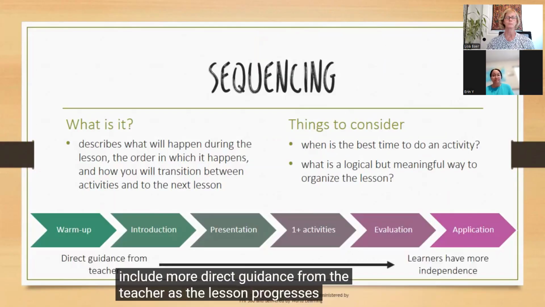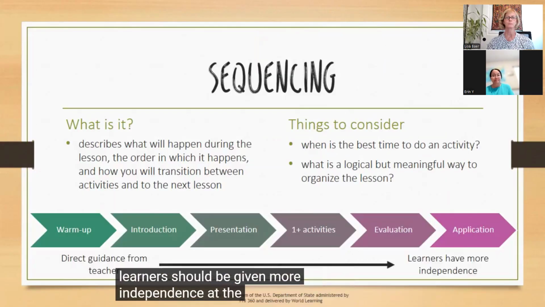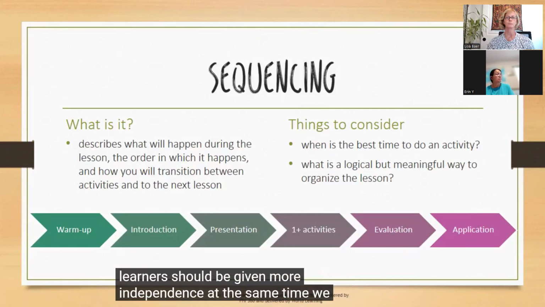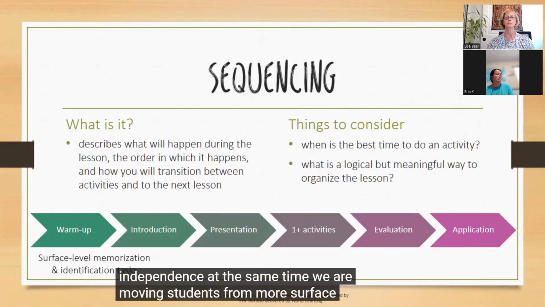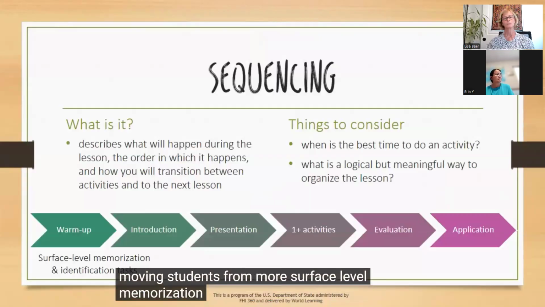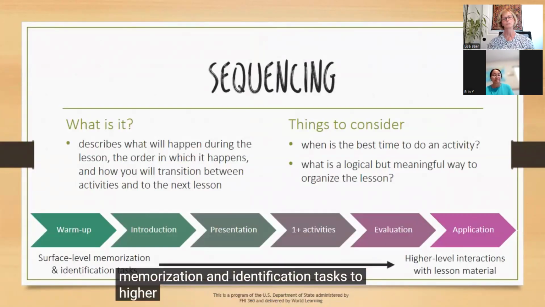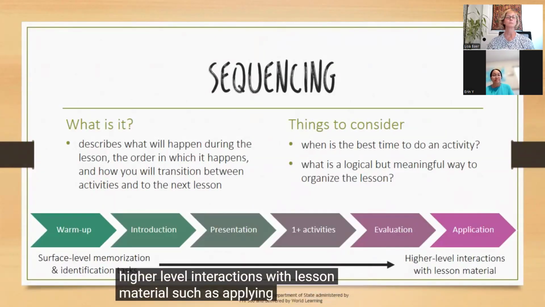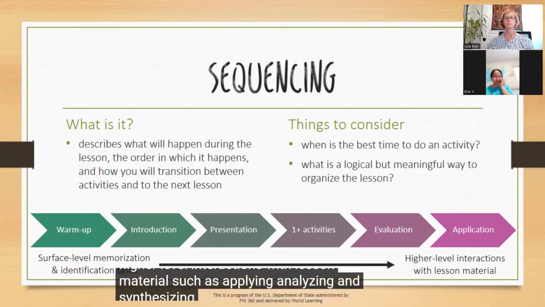As the lesson progresses, learners should be given more independence. At the same time, we are moving students from more surface-level memorization and identification tasks to higher-level interactions with lesson material, such as applying, analyzing, and synthesizing.